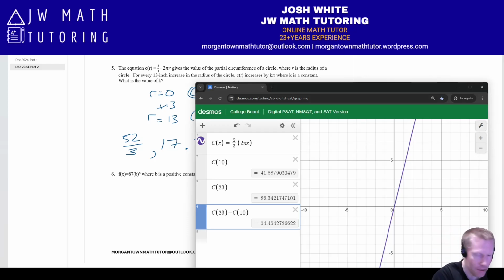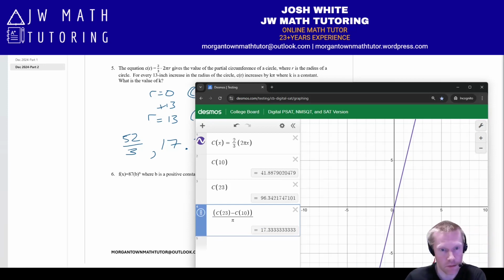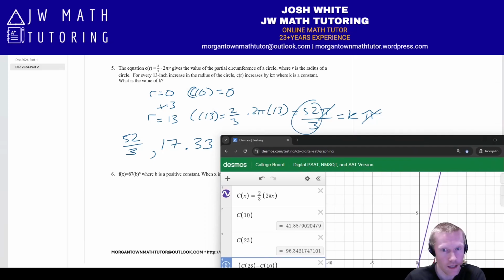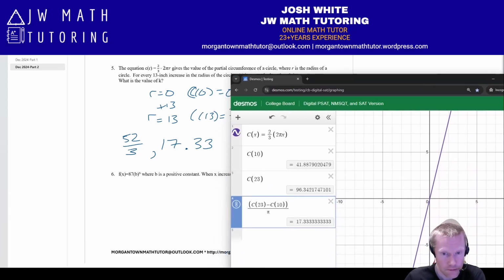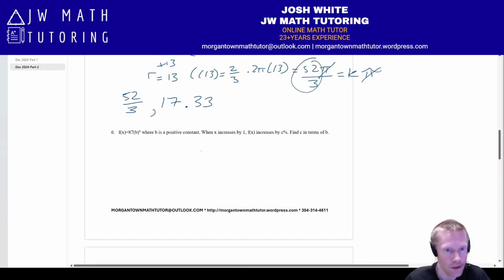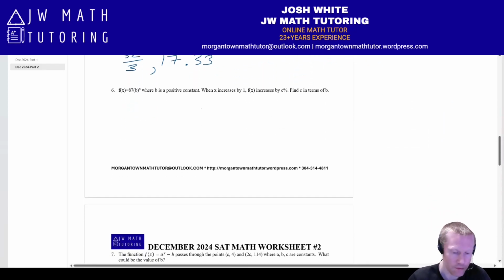So in other words, I'm going to take this, divide it by pi, and notice now it gives me the 17.33 that I had as my answer. And if you click on this, it should give us, yep, fractional form 52 over 3. Okay, so this is just how you could do it out in Desmos and just confirm using other values that, yes, for a 13-inch increase in the radius, the change in this function is equal to 52 over 3 pi. All right, next up, number 6, we have another exponential function here.